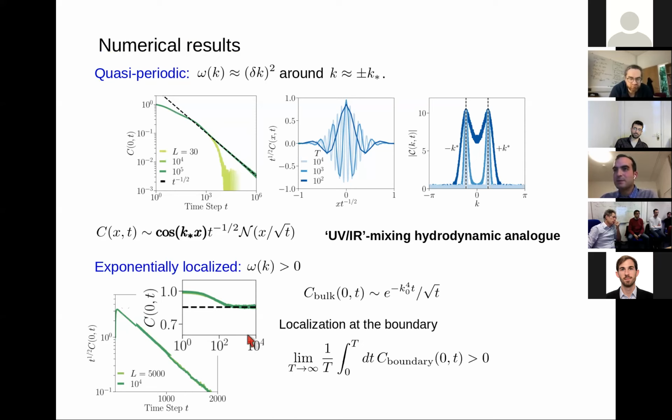But from the analytics, what you obtain is that on top of this exponential decay, this omega of k has a minimum at k equals 0. So the total spin is not conserved, but still there's a minimum of this dispersion, which gives you this additional square root of t in the exponential decay. That's the reason why we multiply the c by square root of t, to show that this is consistent with a straight line. But this particular plot is more tricky than only the numerics.